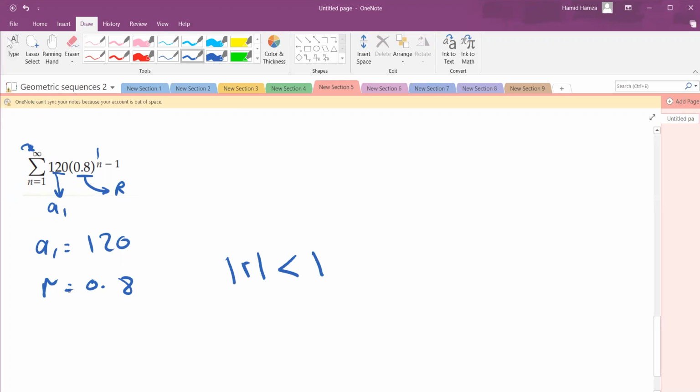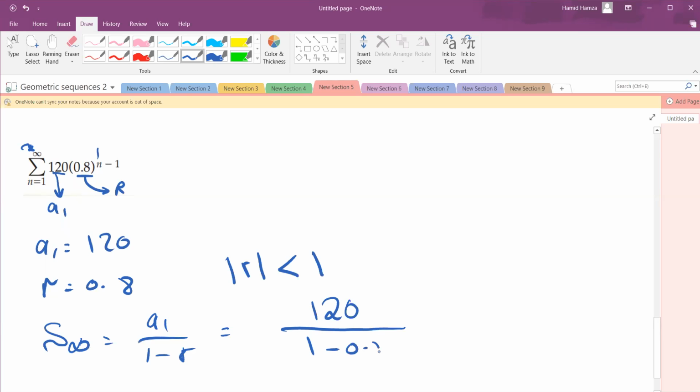S infinity equals A1 over 1 minus R, so it will be A1, which is 120, over 1 minus 0.8. Use your calculator to find the answer. It will be 600.